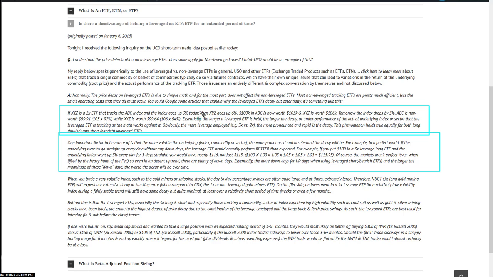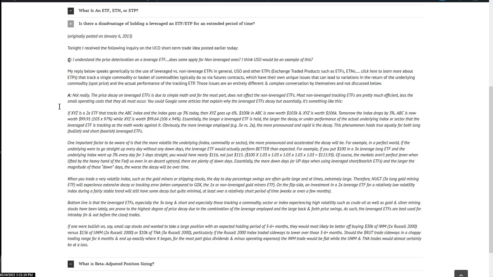A 10% drop in the S&P 500 at the right time with a 3-time leveraged short ETF can put well beyond 30% in your pocket, not just 3 times a 10% drop. We're going to talk about that, and I'll give you some real world examples.